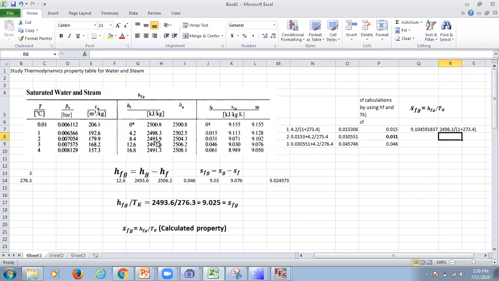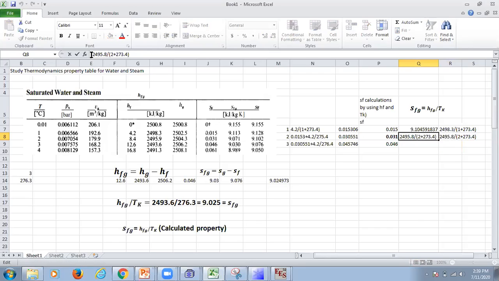HFG is 2495.8 divided by 2 plus 273.4. Yes, so this is the HFG value. So I copy this here. Paste.